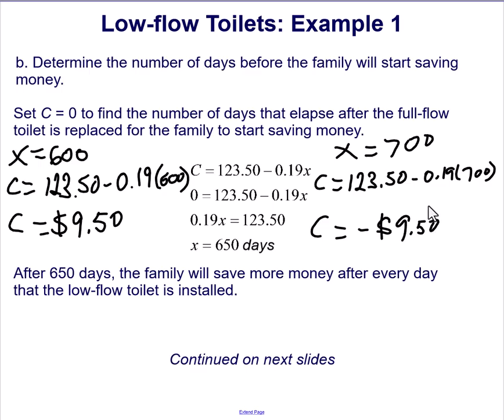So that negative spending is another way to say savings. On day 700, they saved $9.50. So our conclusion here is that after 650 days, the family will save more money after every day that the low flow toilet is installed.